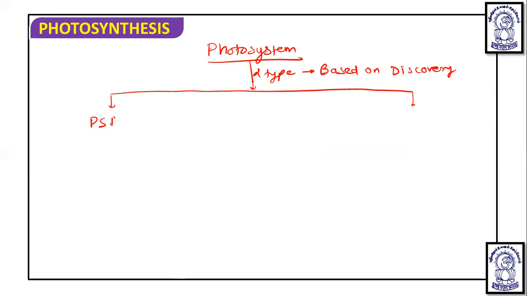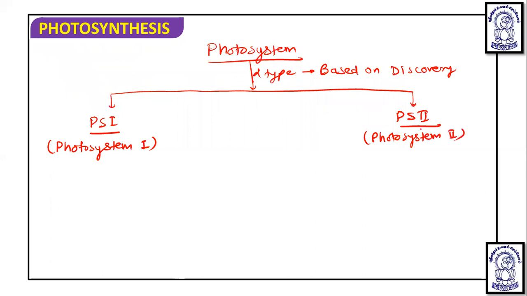One is PS1, that is photosystem 1, and another is PS2, photosystem 2. PS1 is also a group of pigments. It was discovered first, so it is named PS1.